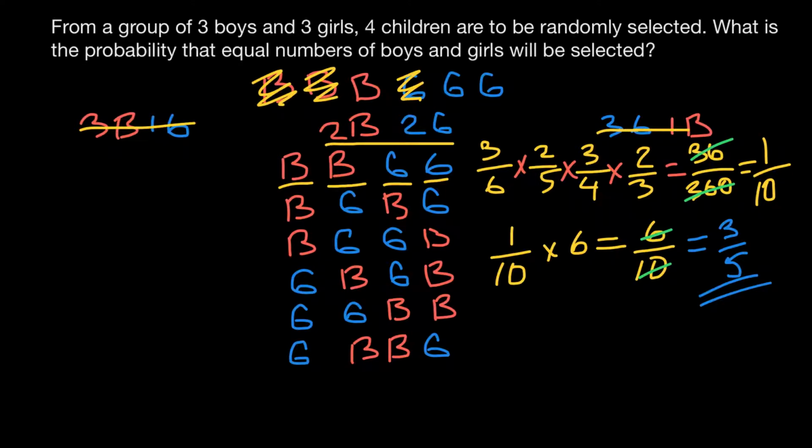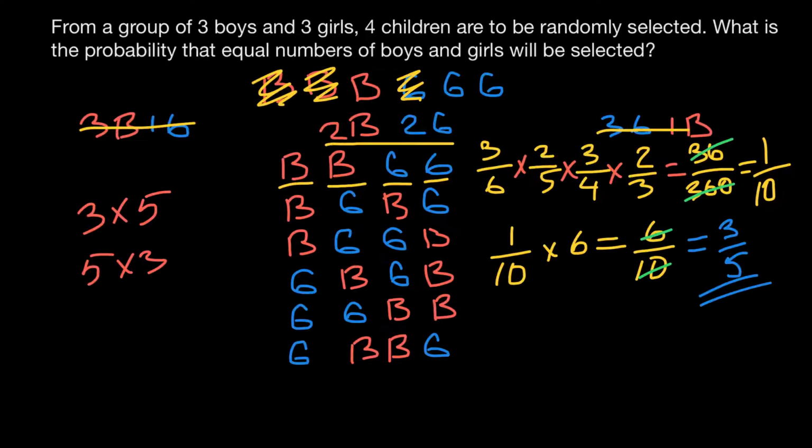Again, take a look at the example: 3 multiplied by 5 is going to be the same number as 5 multiplied by 3. So if we change the order here, this is not going to affect our calculations. So 1/10, the individual probability of each combination, and we have 6 such combinations, would give us 6 over 10, and 3/5 would be our final answer.